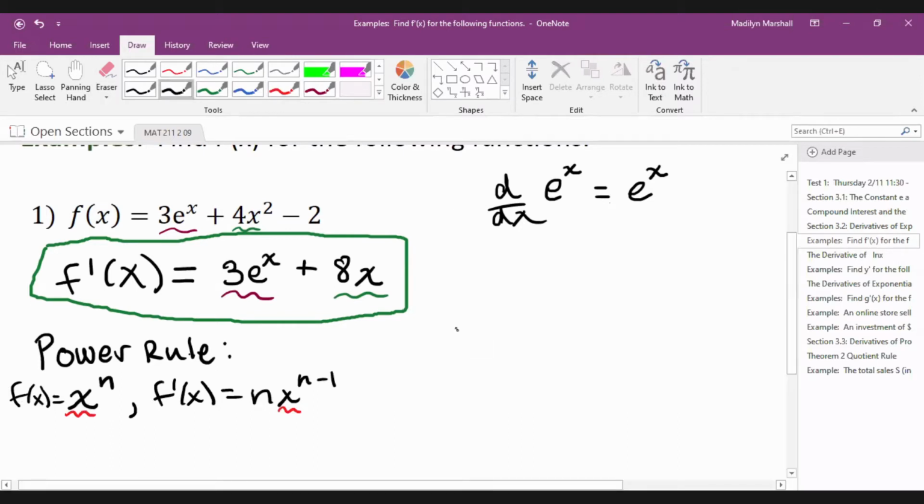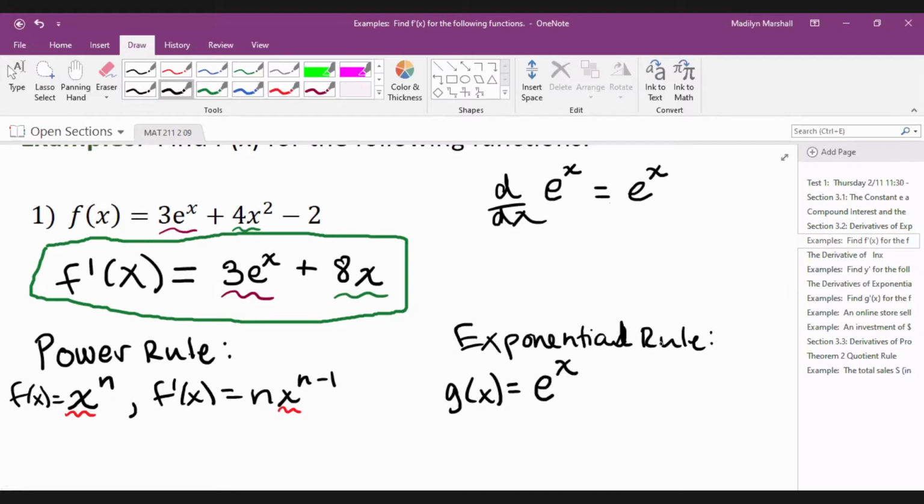The exponential rule is, I'm going to call it g for now, just so it's not mixed up with that other f. Now our variable x is up in the exponent. So this is a different situation from our power rule.